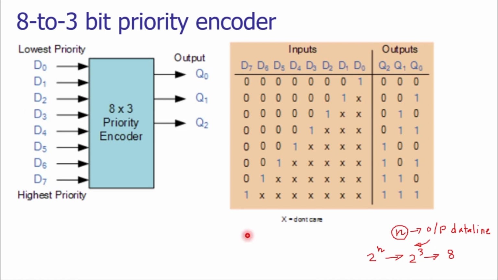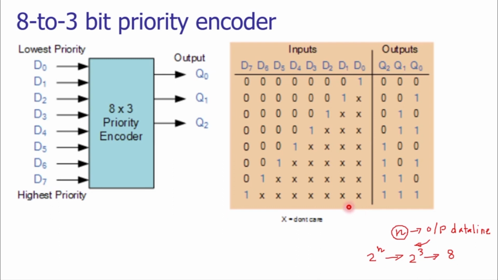Before getting the truth table, let us arrange the input data lines as seen on your screen. Again, we are arranging the input data lines as D0 to D7 from right to left, and the output data lines as Q0 to Q2 from right to left.